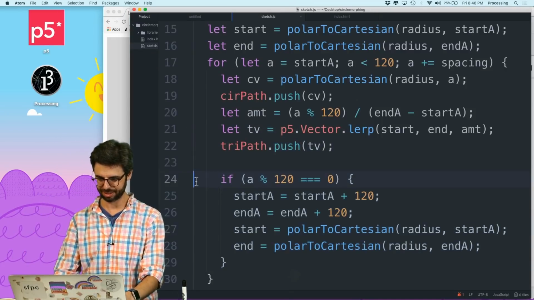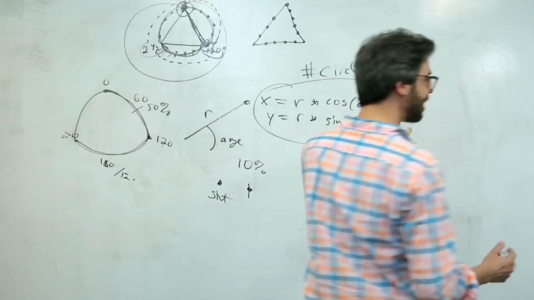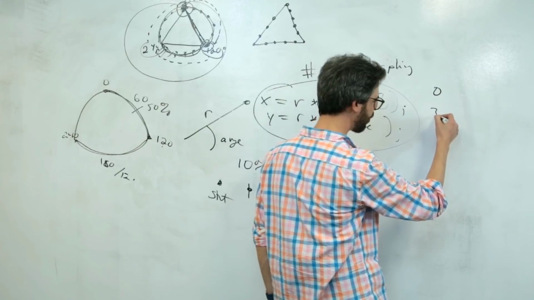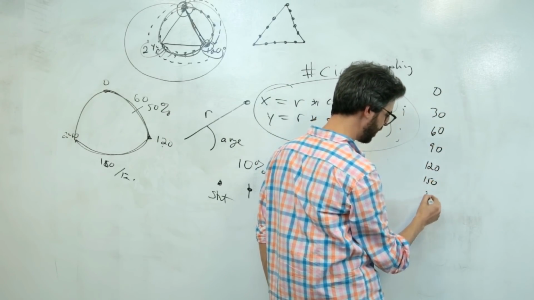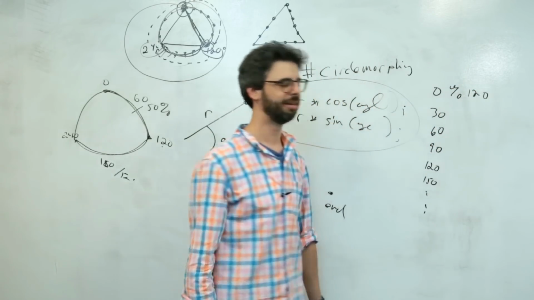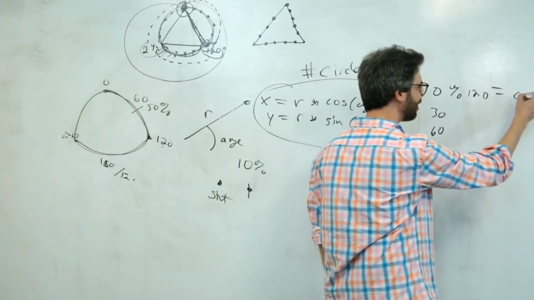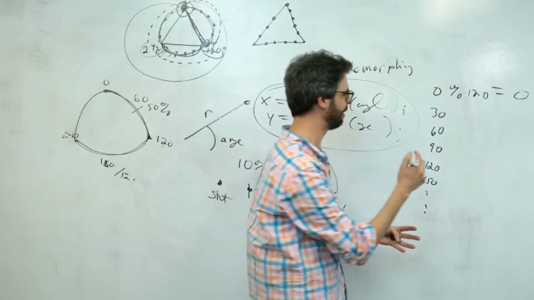Okay, let's think about this. Say, what are the angles? They're 0, 30, 60, 90, 120, 150, etc. What is 0 modulus 120? 0. So I don't want to all of a sudden add 120 to start and end right there at the beginning. Oh, that's a problem.